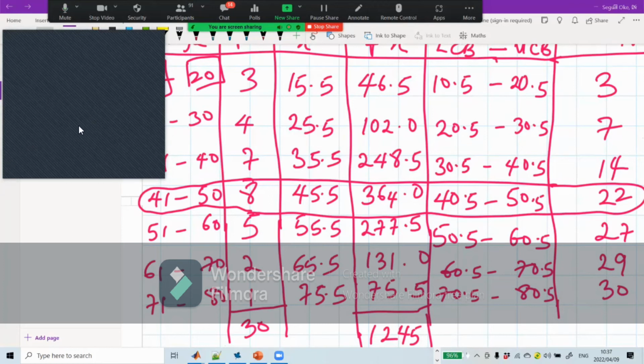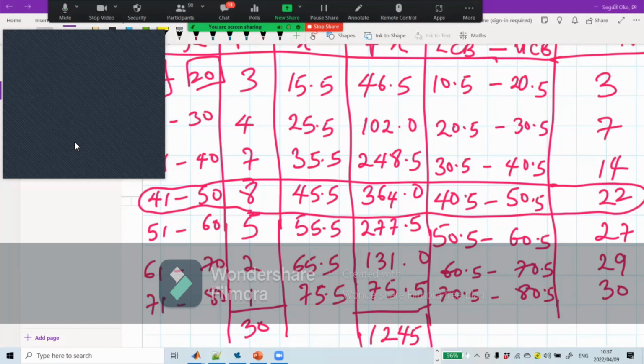Morning, sir. Please come again about this last explanation. Which of the last explanation? The one we just circled.